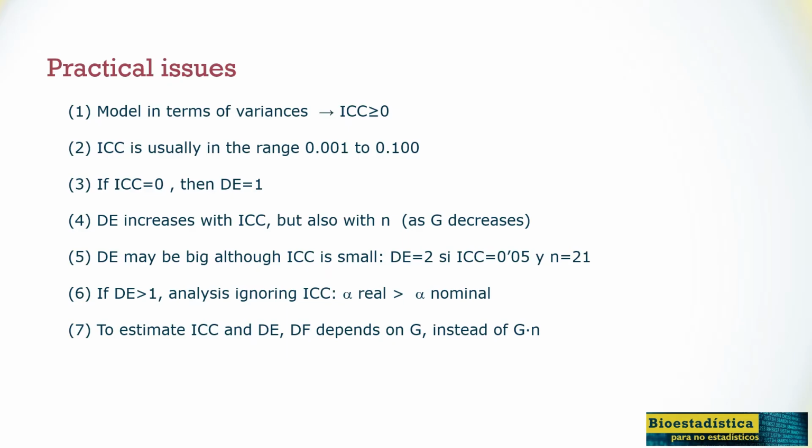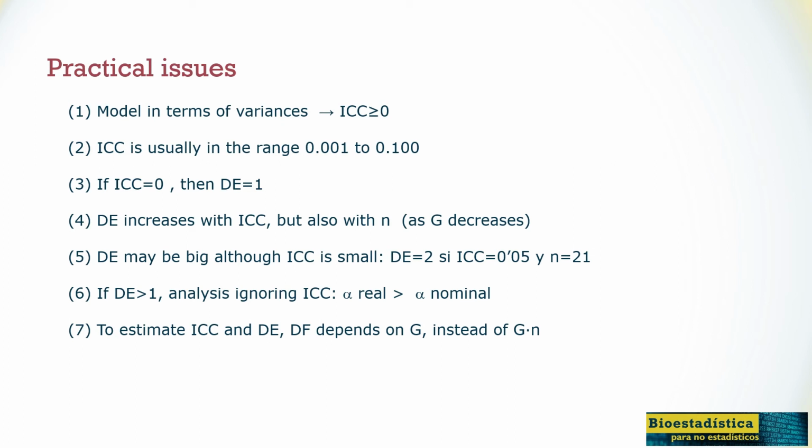Thus, the implications of this formula are: 1. Since ICC is modelled in terms of variances, it cannot be negative. DE is greater than or equal to 1. 2. Typical ICC values are in the range between 0.001 and 0.10. 3. If the correlation is null, ICC is equal to 0, DE is equal to 1.